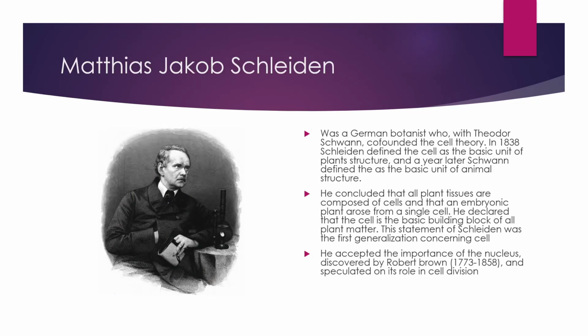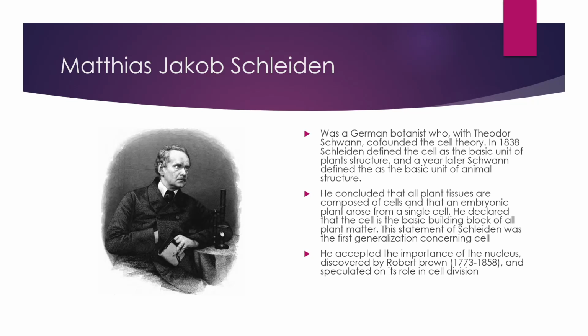Matthias Jacob Schleiden was a German botanist who, with Theodor Schwann, co-founded the cell theory. In 1838, Schleiden defined the cell as the basic unit of plant structure, and a year later, Schwann defined that as the basic unit of animal structure. He concluded that all plant tissues are composed of cells and that embryonic plants arose from a single cell.